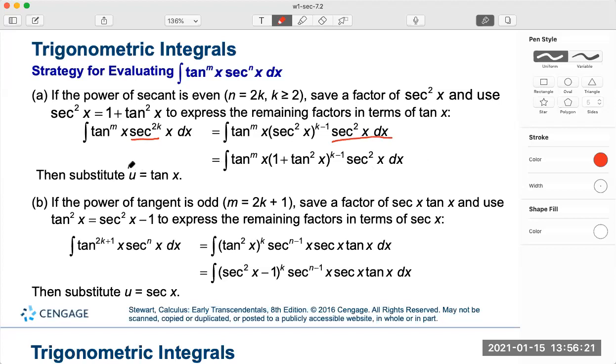And in that case, we define u to be tan. Or if you have it the other way around, we define u to be secant. And we take the derivative of secant. What do we have?